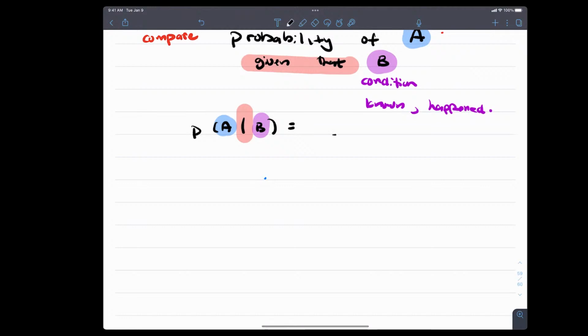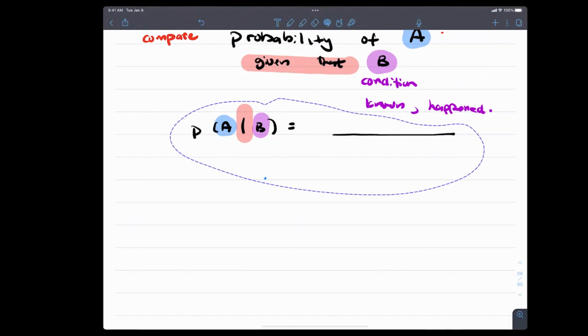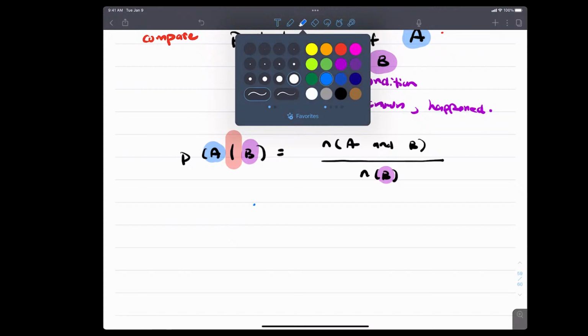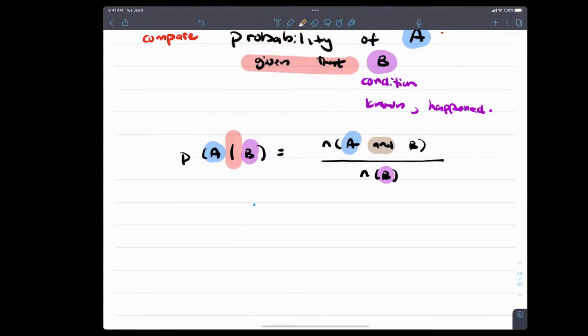And that's a ratio, a fraction. And this is out of now the total number in B. Okay, total number here in B. And you need the number of A and B. So we have the number of A and what's this condition?